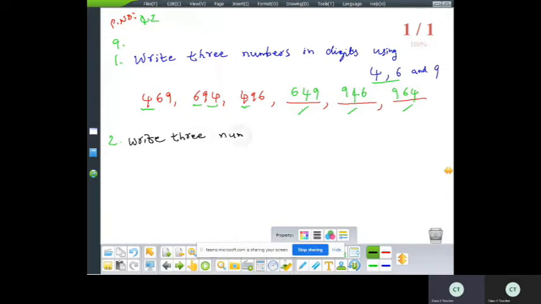Write three numbers that have 5 in the hundred place.